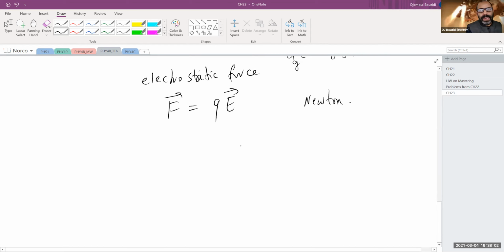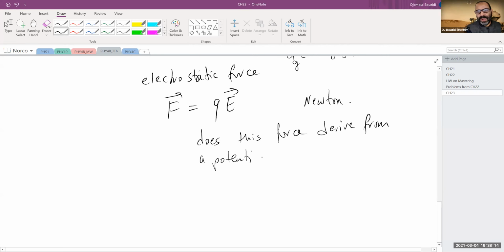Okay. Here is a question. Does this force derive from a potential? That's the question we want to know. If it does, then the work of this force is conservative.